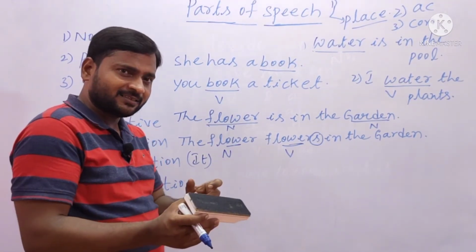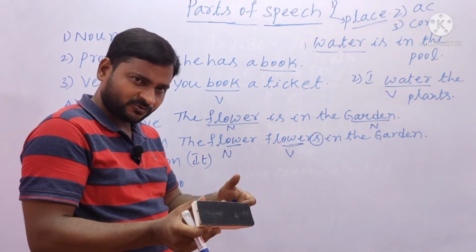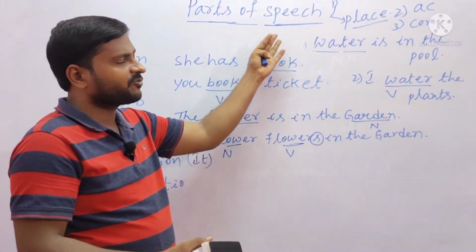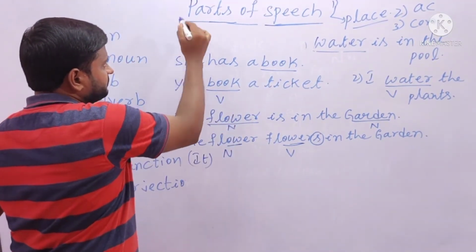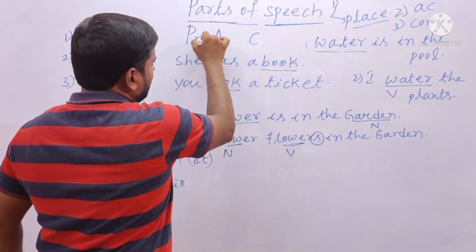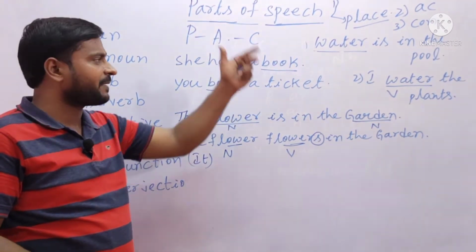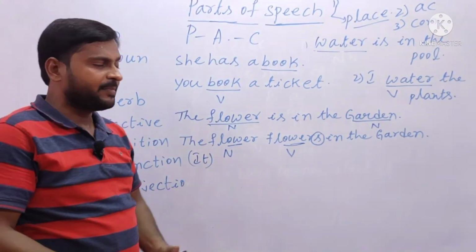Like this, if you want to know more, especially the importance of English language, you have to know more about the importance of parts of speech. If you know the place of position, actual meaning and contextual meaning, these three are very essential and the backbone of this topic. Without this, there are no parts of speech.